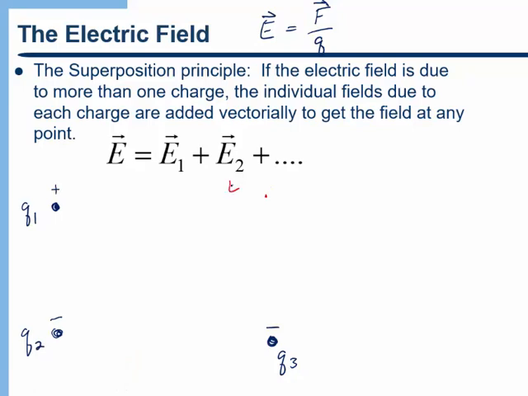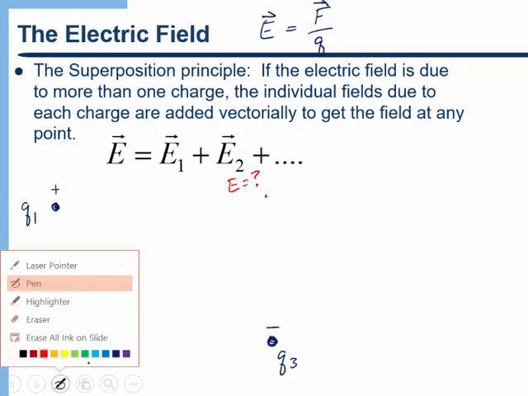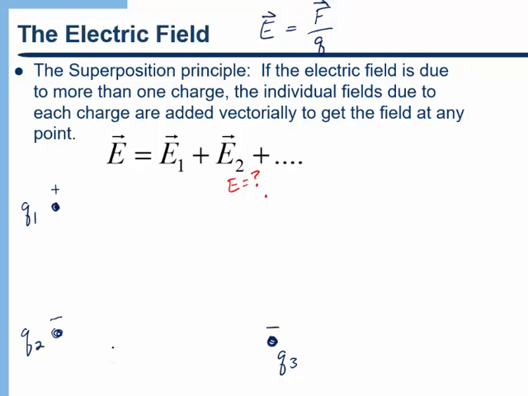So the question is, what is E right there. Well, I know various things. I know that the electric field created by a positive charge goes away from the charge. So the electric field created at this point in space due to Q1 would be in that direction. So I'll call that E1.